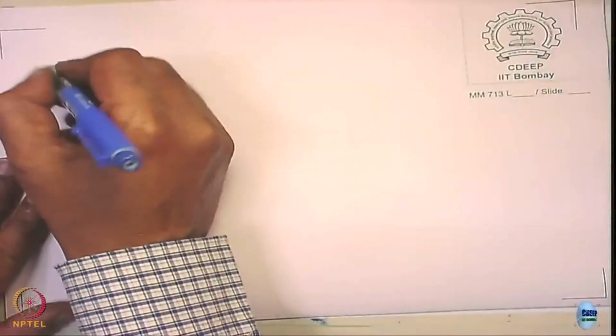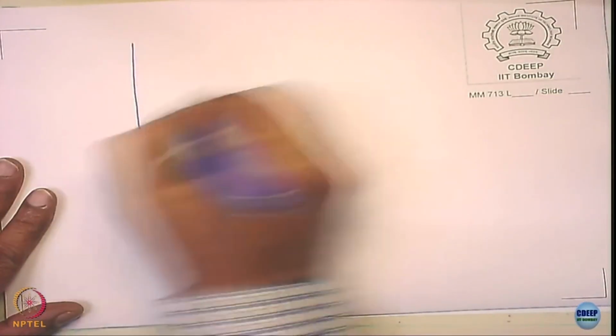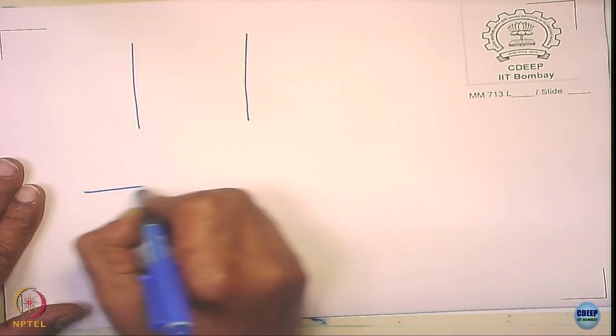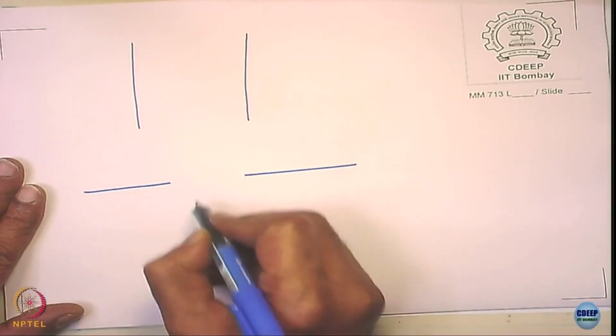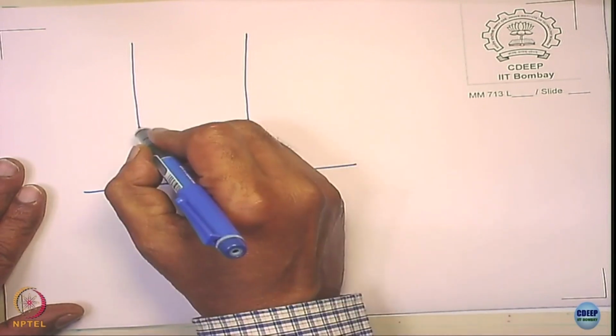Now, there are of course several examples where this can happen. This also depends on the design. Suppose I have a pipeline like this, and they want to join onto this pipe, so they reduced it like this.